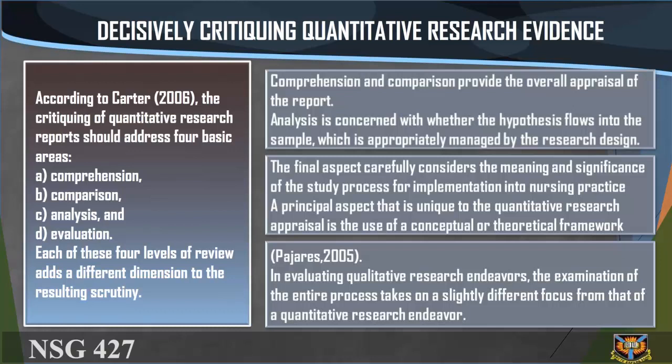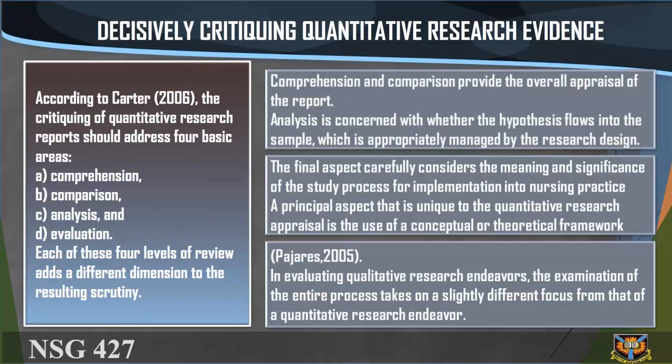According to Keita 2006, the critiquing of a quantitative research report should address four basic areas: A. Comprehension, B. Comparison, C. Analysis, and D. Evaluation. Each of these four levels of review adds a different dimension to the resulting scrutiny.